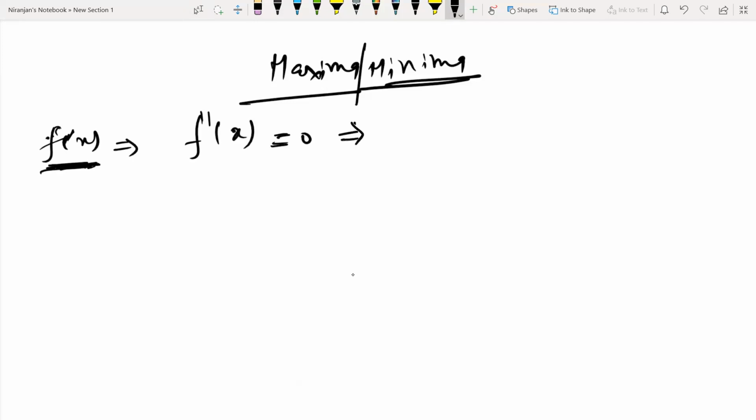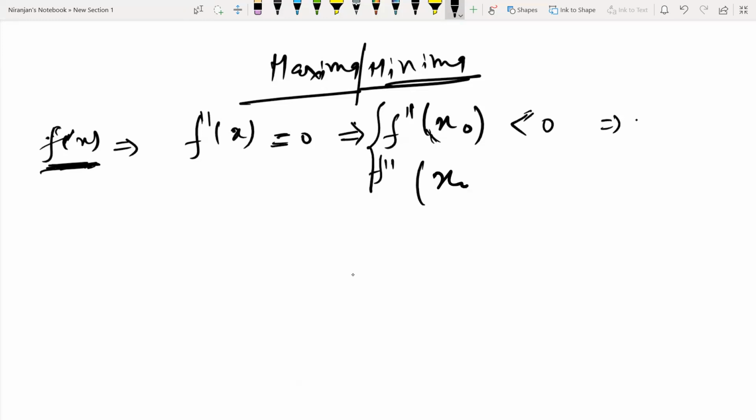Then you also calculate the double derivative at that point. It would be the maximum value if that double derivative is negative, because that would be concave. And if it gives you a positive value, then it would be a minimum.